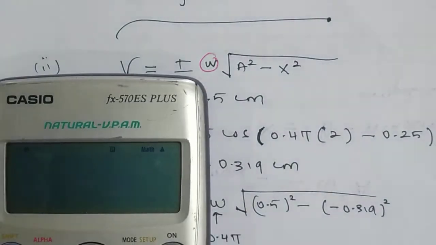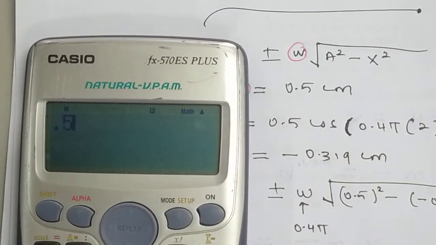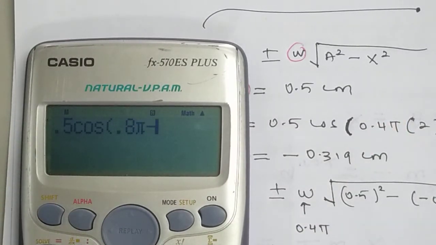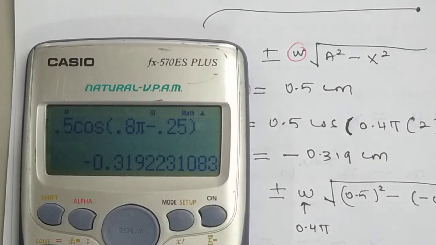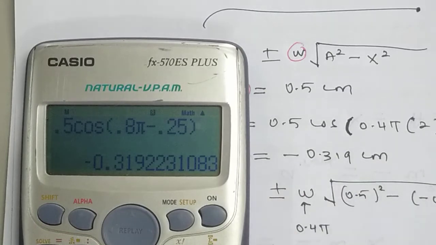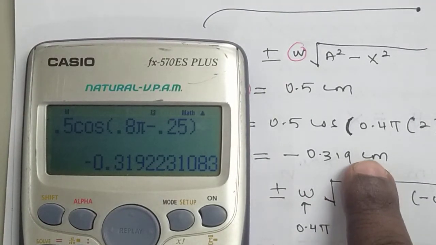So 0.5 cos of 0.4 times 2, 0.8 pi, minus 0.25, so the answer is negative 0.319 centimeter. You can leave it in centimeter or convert to meter also, no problem.